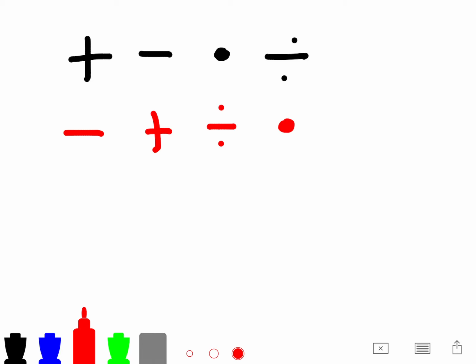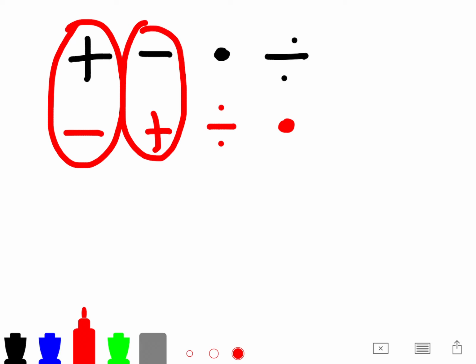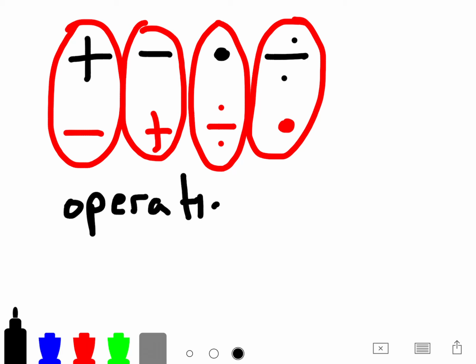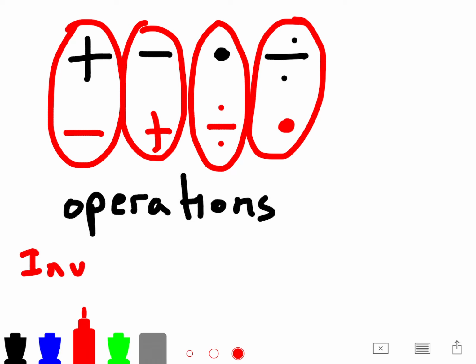Not too bad, right? So these are paired together as equal and opposite. And these are called operations, math operations, and inverse operations.